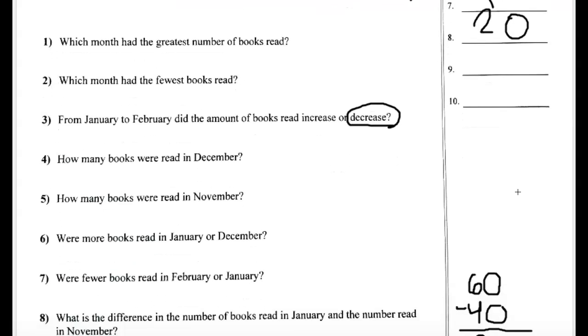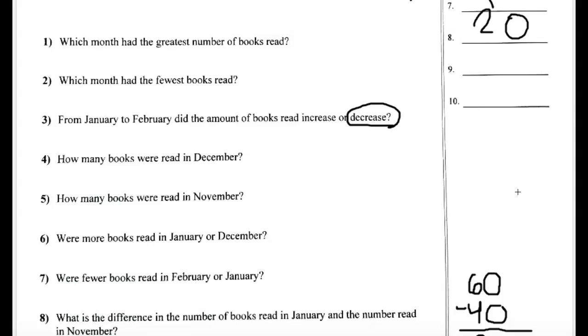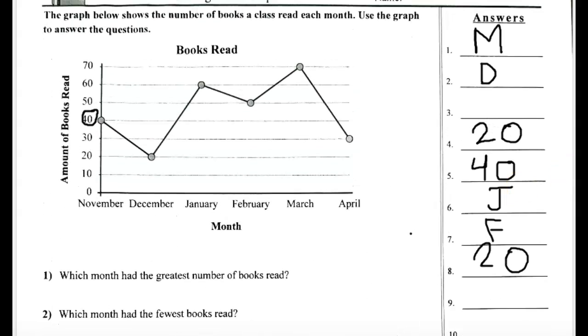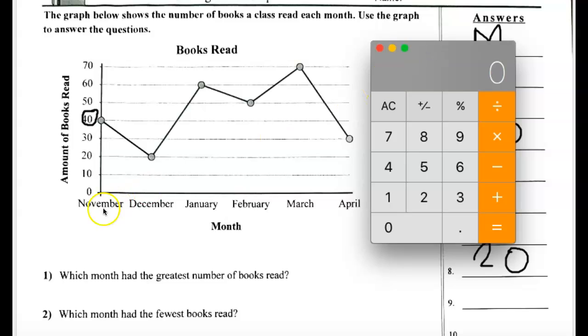Very good. So now for number 9. It says, what is the total number of books read? I think the best way for you to do this is to use a calculator. So let me pull up my calculator. We're going to type in each number for each month.